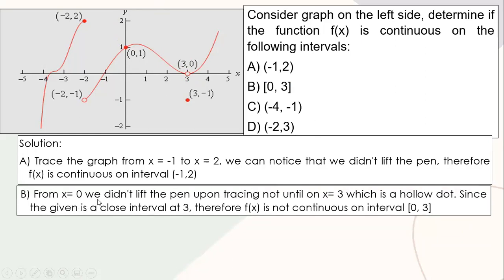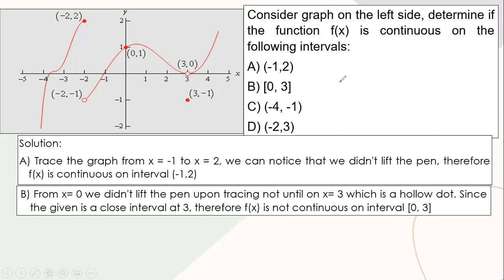So from x equal to 0, we didn't lift the pen upon tracing not until x is equal to 3, which is a hollow dot. So since the given is a closed interval at 3, like what I have said earlier, therefore f of x is not continuous on interval 0 to 3.